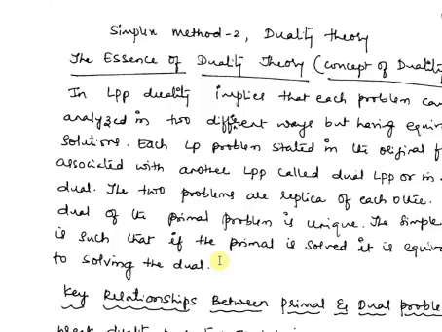Or in simpler words, if you reframe this, the two programs, that is the primal program and the dual program, have very closely related properties, so that the optimal solution of the dual problem gives complete information about the optimal solution of the primal problem, and vice versa.